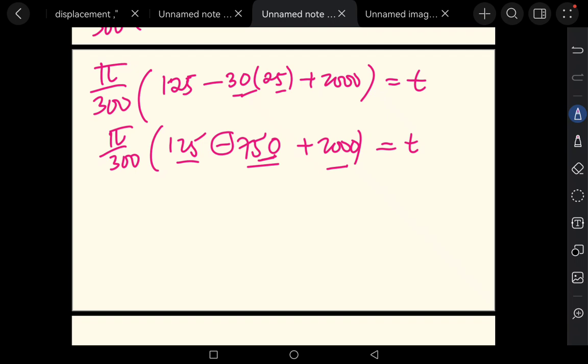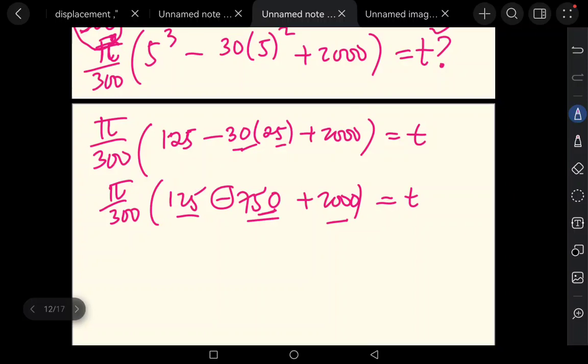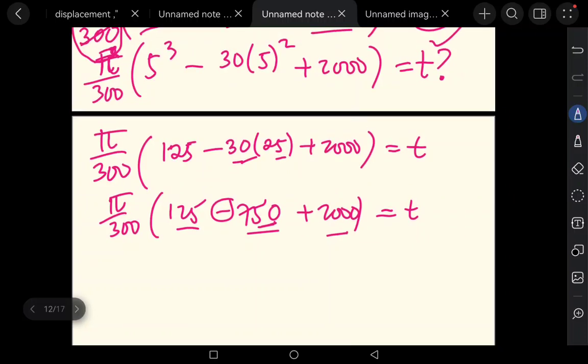Hold on. 30 h square, 30 times 25, 750. This minus.